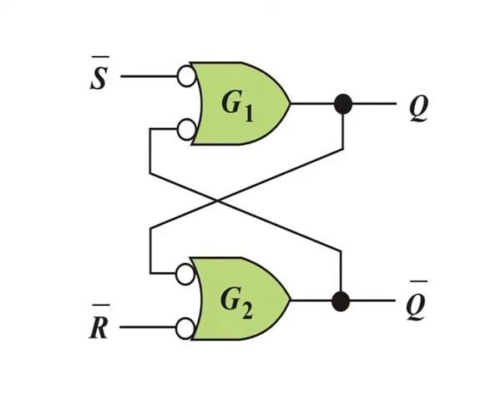This low on the Q output is then coupled back to an input of G2, ensuring that the Q bar output remains high even when the low on the R bar input is removed. When the Q output is low, the latch is in the reset state. Now the latch remains indefinitely in the reset state until a low is applied to the S bar input.